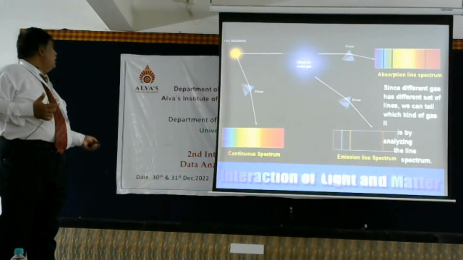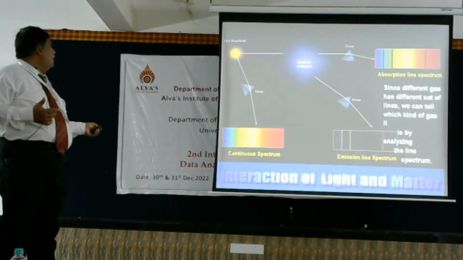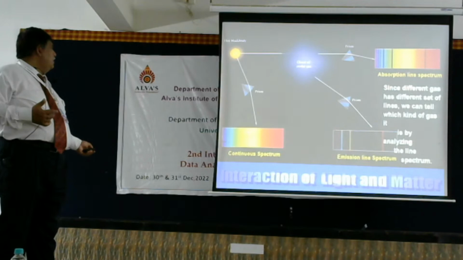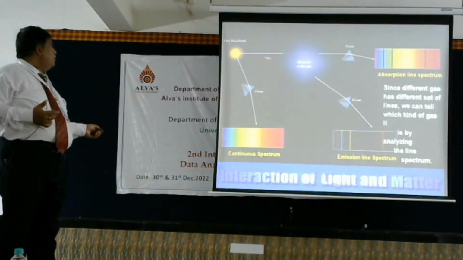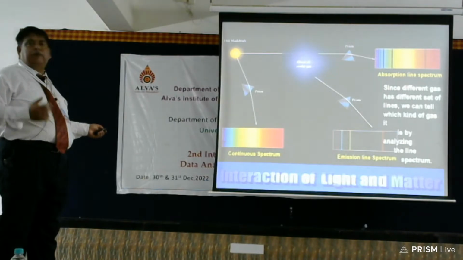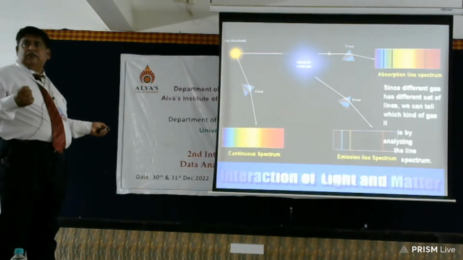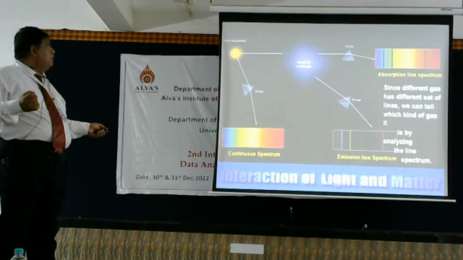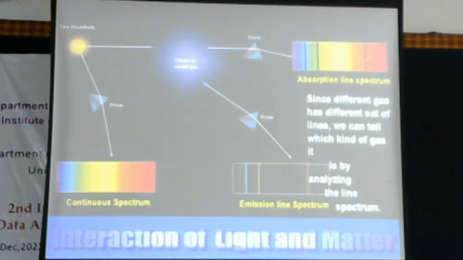So here you see, if I get a hot star and take a prism, I get a continuum. Now this hot star passing through a colder medium means some of these spectral lines of the atoms of this gas get absorbed, and you have got these spectral lines.